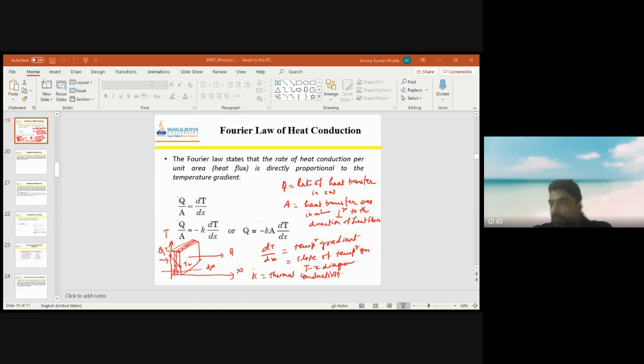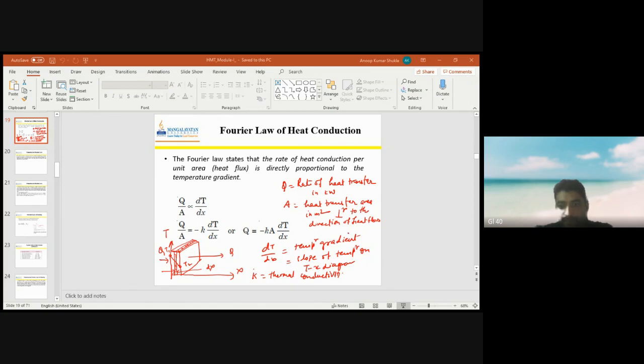So how can we calculate this? First we note down all the given parameters. Temperature on one side of the wall we take as T1, which is 1400 Kelvin.